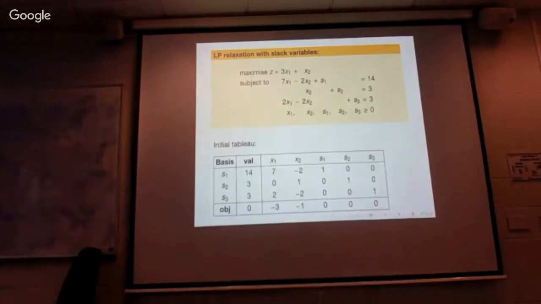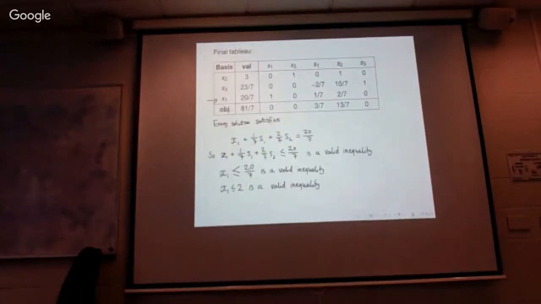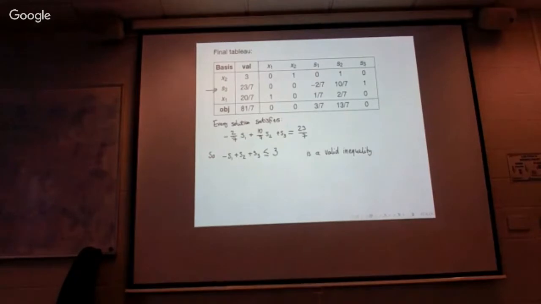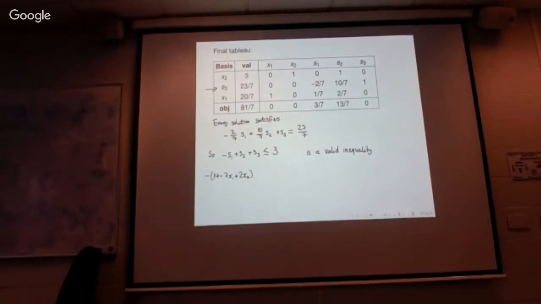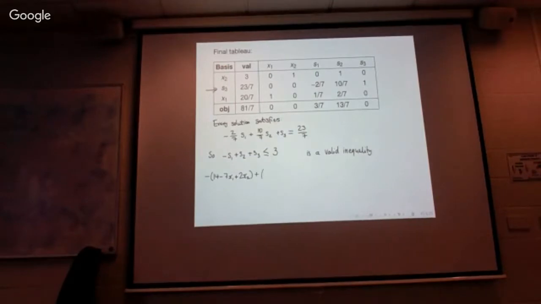So if I do that, okay, what is S1? Apparently it's 14 minus 7x1 plus 2x2. Are you checking it? S2 is 3 minus x2. And S3 is 3 minus 2x1 plus 2x2.